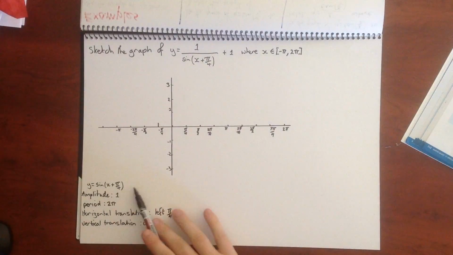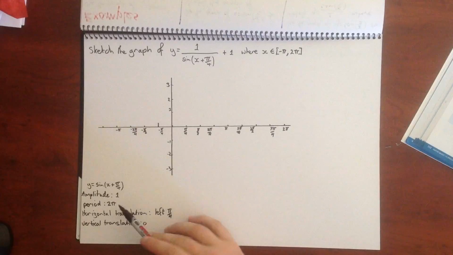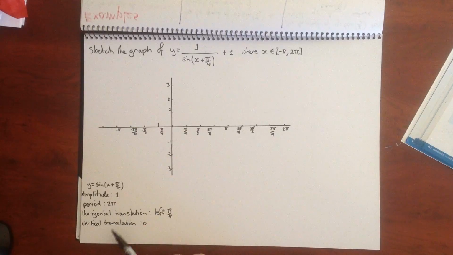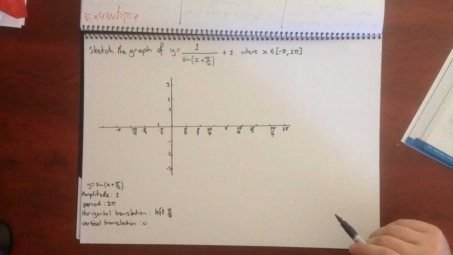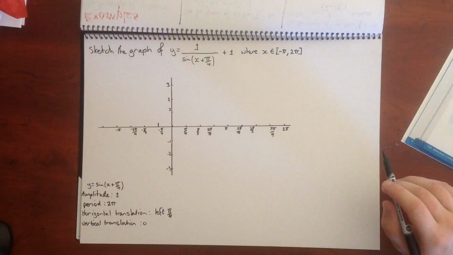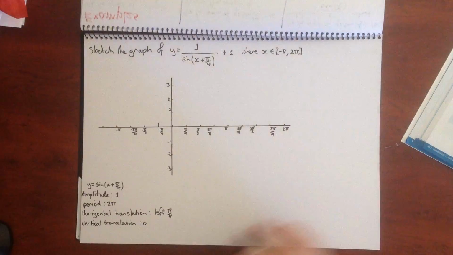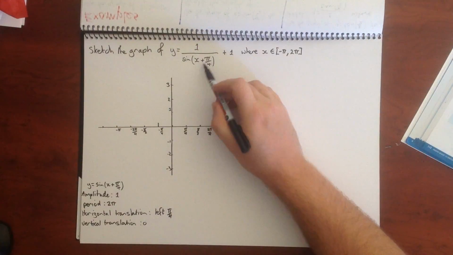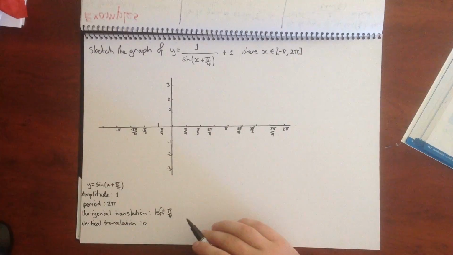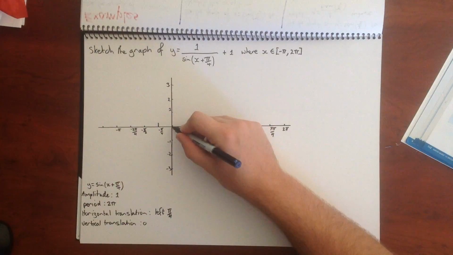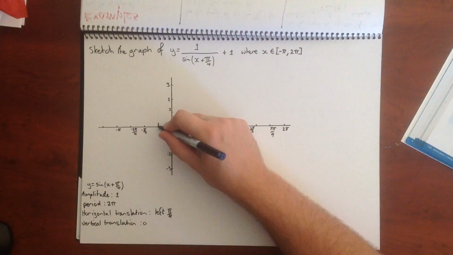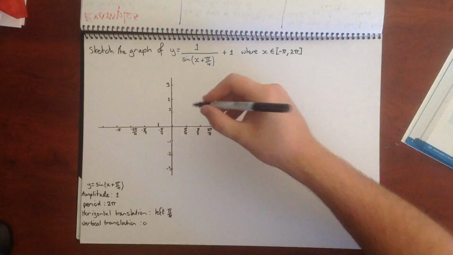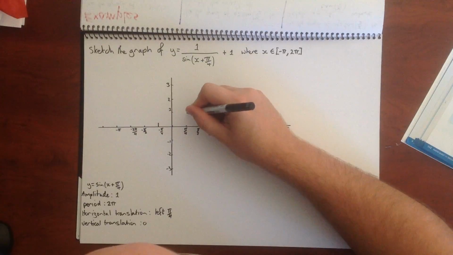Okay, so for our graph of y equals sine of x plus pi on 4, well, the amplitude is 1, the period is 2 pi, but we've been translated to the left by pi on 4. Okay, and that's because we're a plus, so we move to the left. So what that means is usually we'd start here and come up, but we're actually going to start here to come up. Okay, so our graph is going to look something like this.